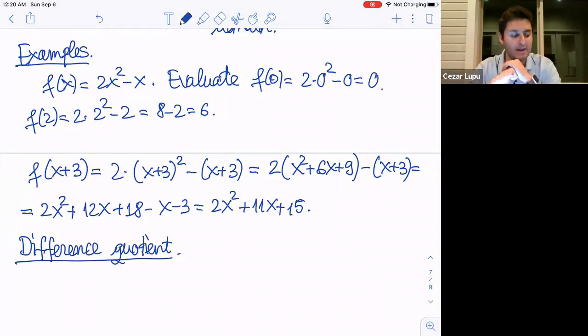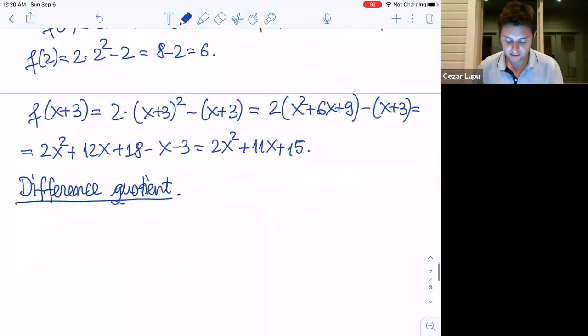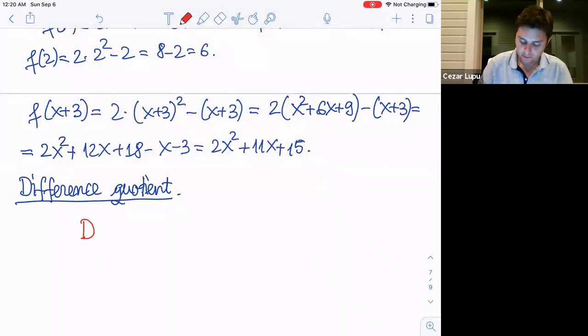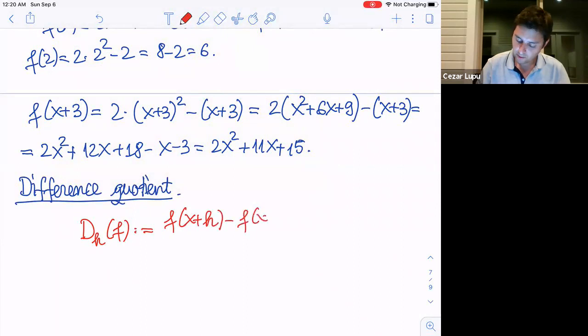So anyway, we basically mimic the difference quotient, which is nothing else. Let's call it, I'm going to denote it by D, from difference quotient, D_h of f, which will be defined in the following way: f of x plus h minus f of x over x plus h minus x.